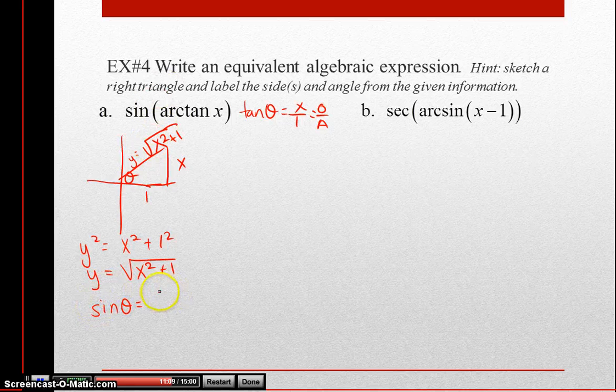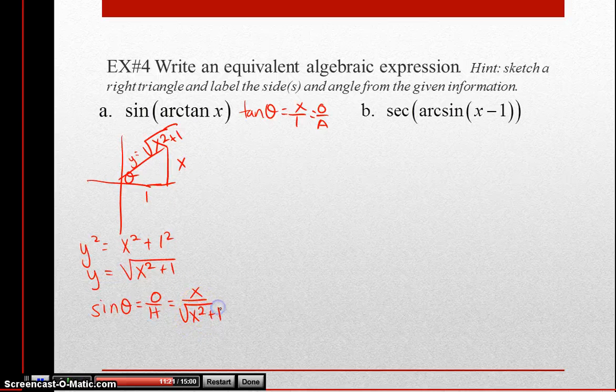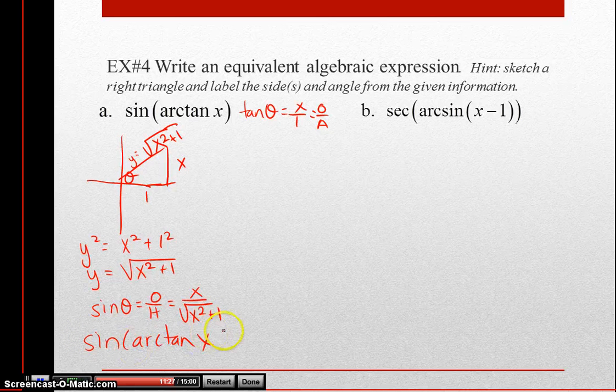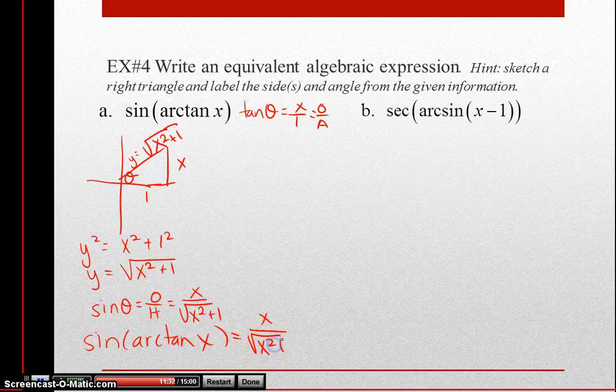Remember, sine is our opposite over our hypotenuse. So the opposite side is x, and our hypotenuse is the square root of x squared plus 1. So the whole expression is the sine of the arctangent of x is equal to x over the square root of x squared plus 1.